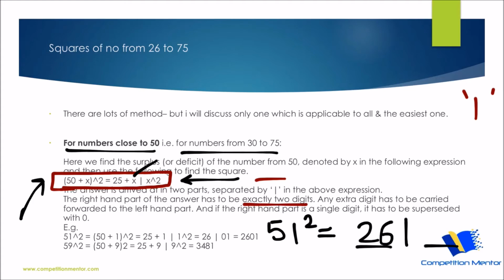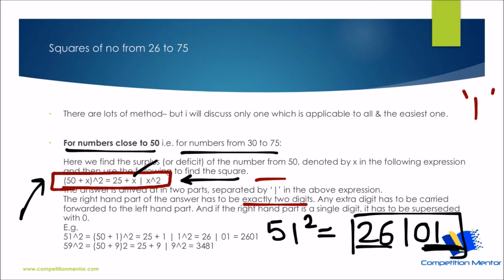Now what do you do? How much more or deficit is it? You do the square. So it was 1 more, that x was 1. So 1 square is 1, but it has to be 2 digits. This last part has to be 2 digits, so it takes the 0 form. This much is very clear.